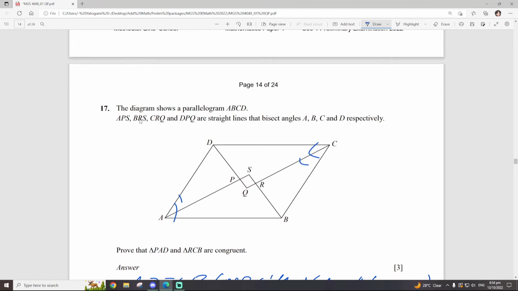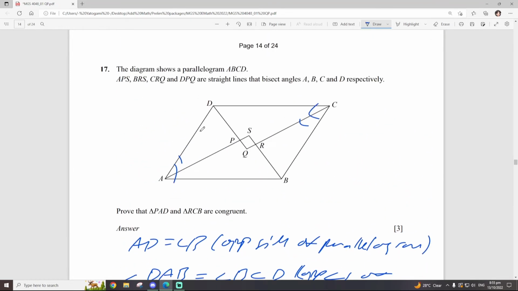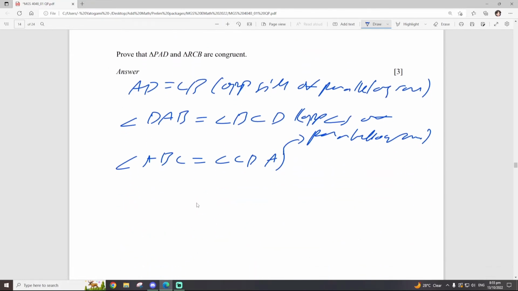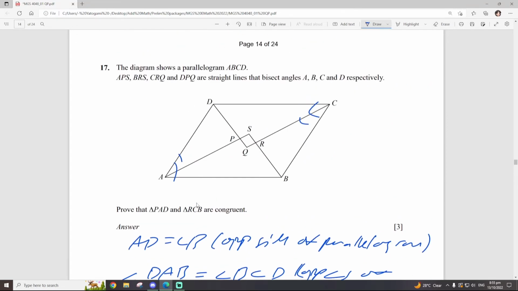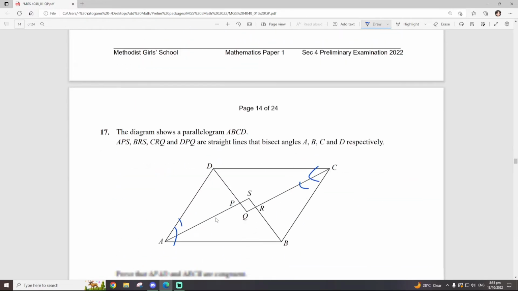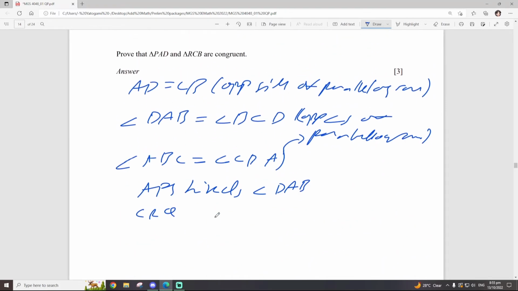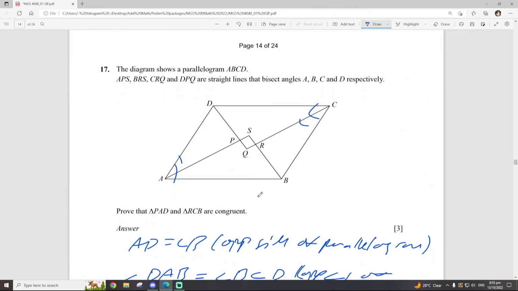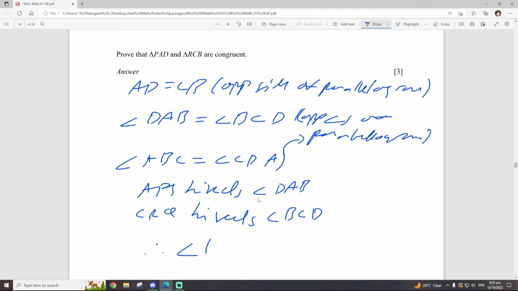And since APS bisects angle DAB, and CRQ bisects BCD, therefore angle PAD equals angle RCB. Oh, this is a bit of a demanding question.